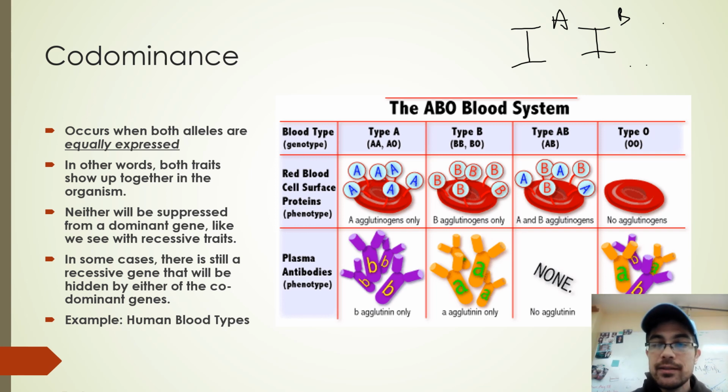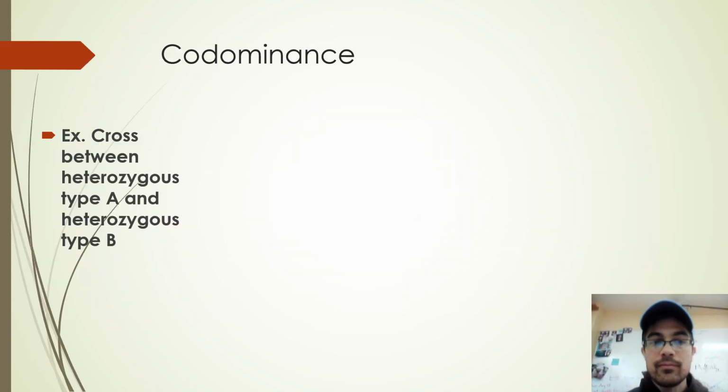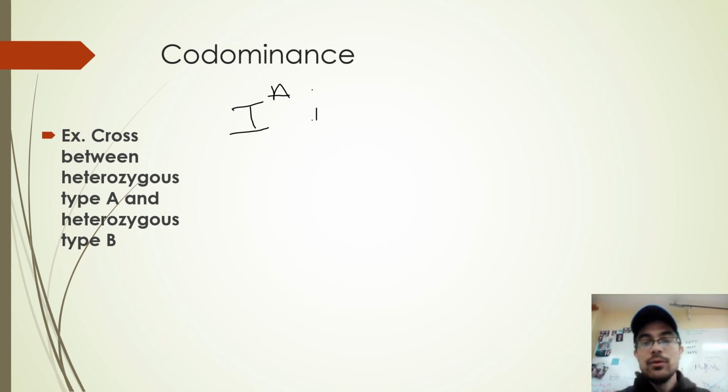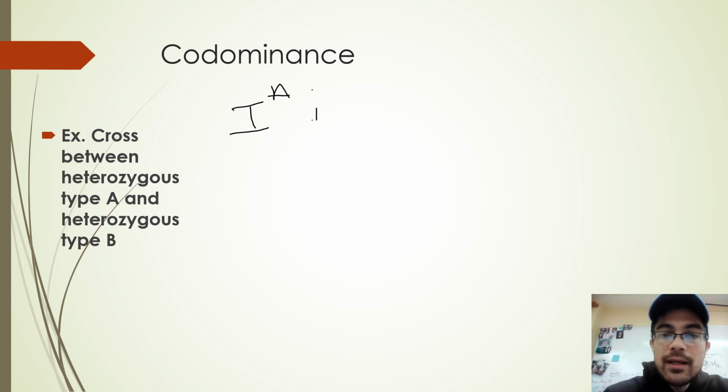So let's look at an example of that. This one was right in your notes. We have a cross between a heterozygous type A and a heterozygous type B. So that would mean the heterozygous type A would be that, and the heterozygous type B would be this.